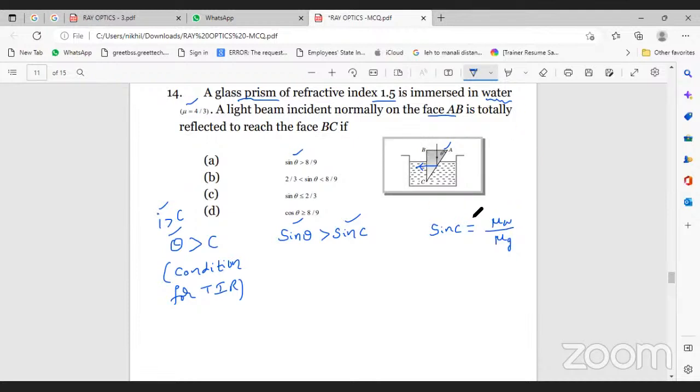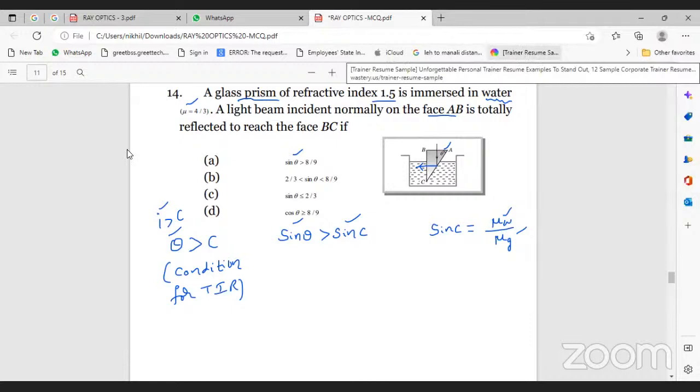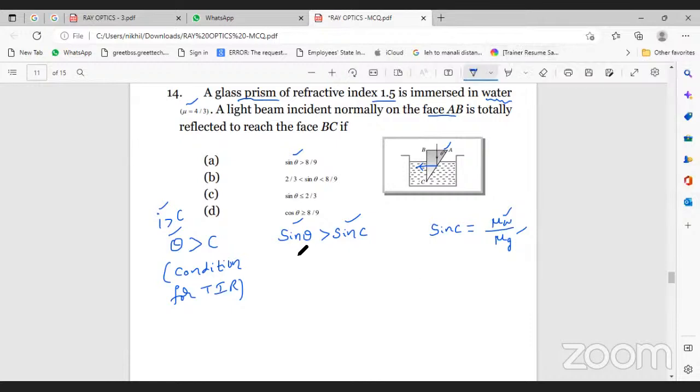Yes, sir. So in order to get the ratio of sin C less than 1, numerator should be water, denominator should be the glass refractive index. So sin theta should be more than sin C, which is equal to mu W divided by mu G.